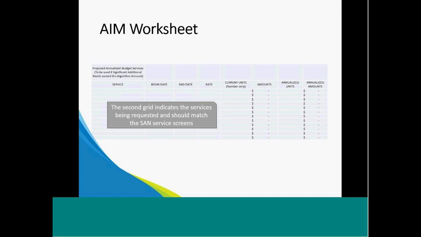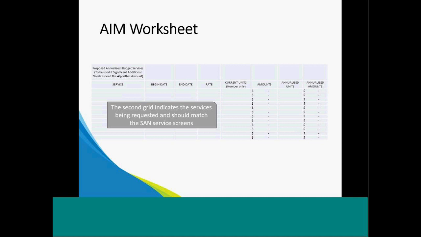So this is the number of units that you are requesting for the additional funds. So we're always going to be trying to match this against your SAM service screens to make sure that what you're requesting in the SAM is what your consumer and family agreed that they're asking for. And so your current units column would be the current number of units in the plan, and then you would let us know what the annualized unit need is.